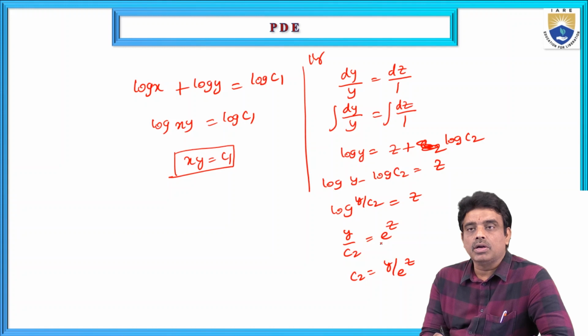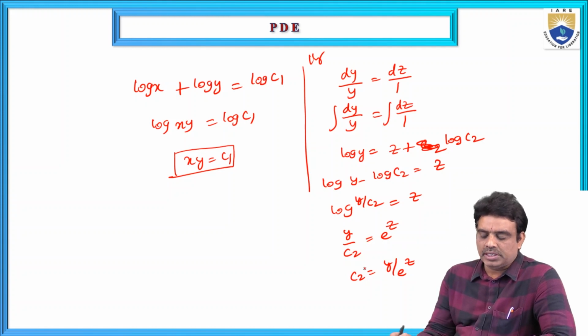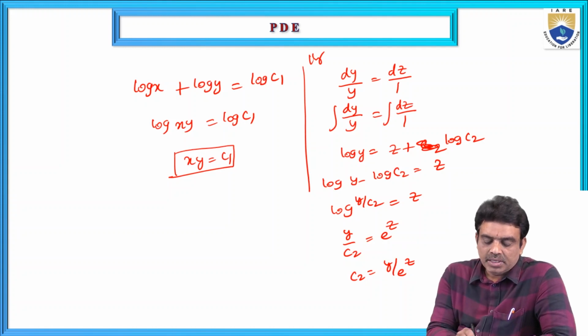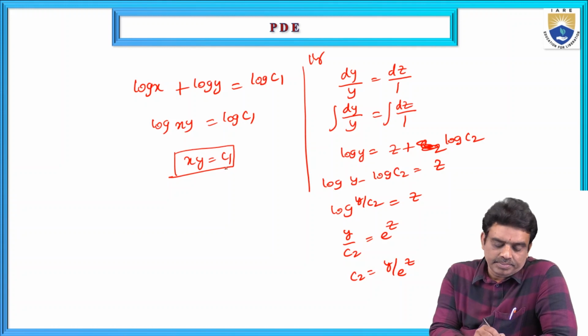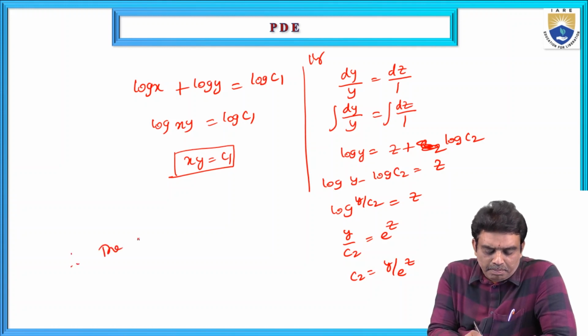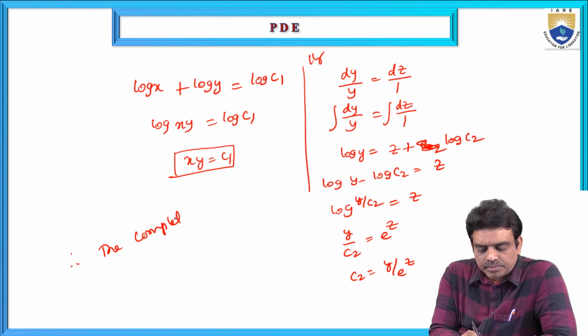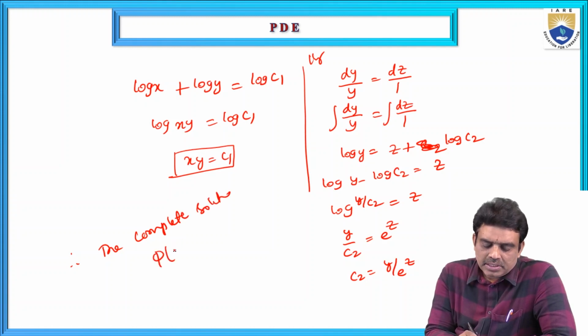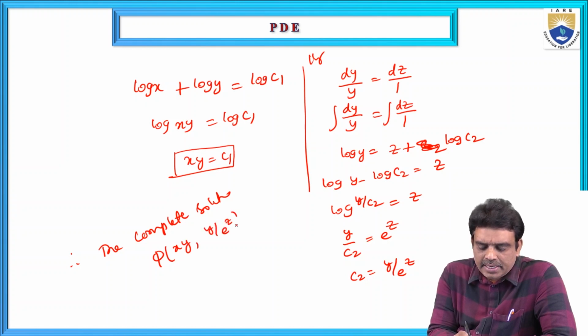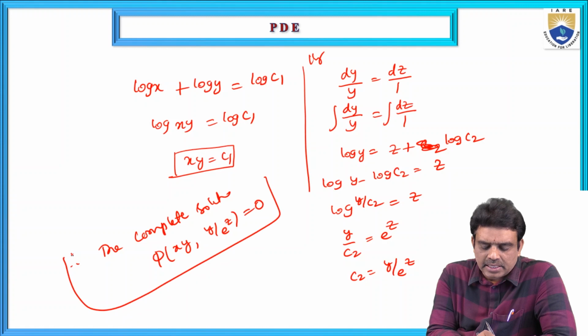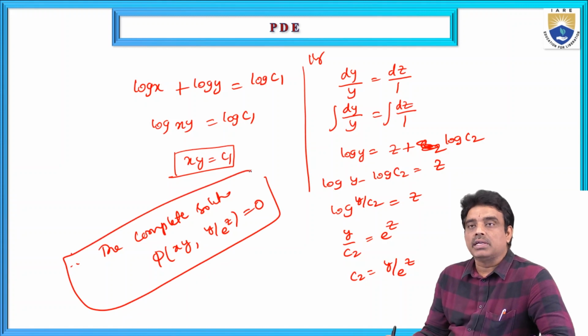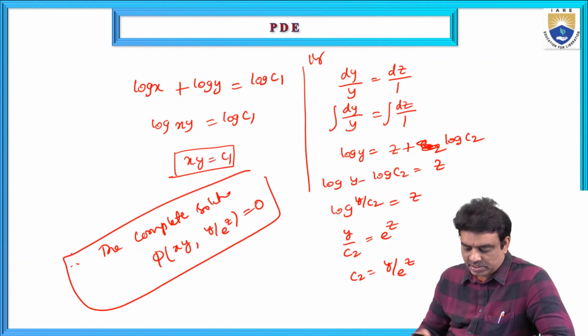So c2 is equal to y by e power z, and here c1 is equal to xy. Therefore, the complete solution phi of c1 comma c2, that is phi of xy comma y by e power z is equal to 0, which is the required solution of the given partial differential equation.